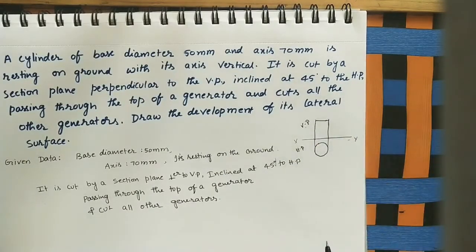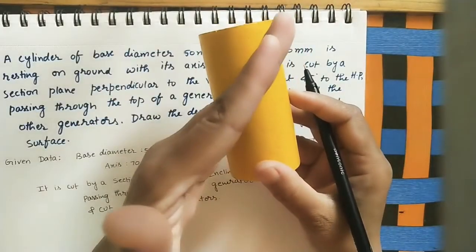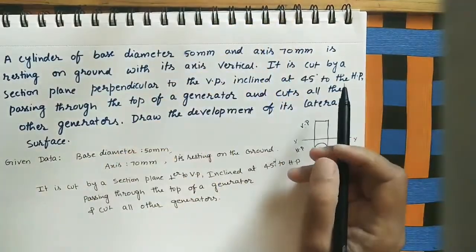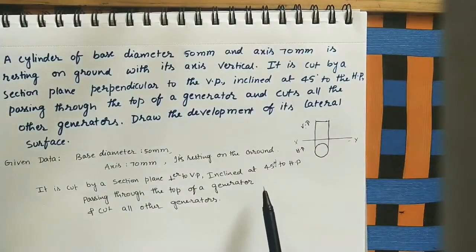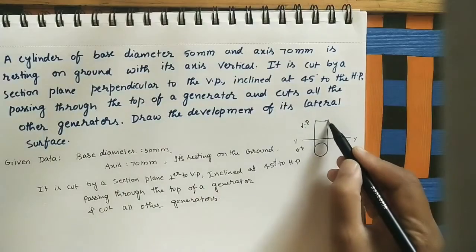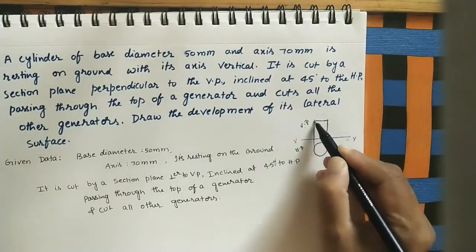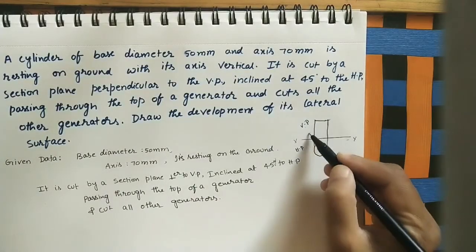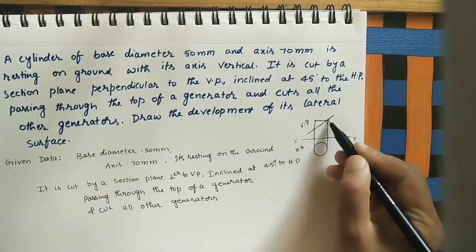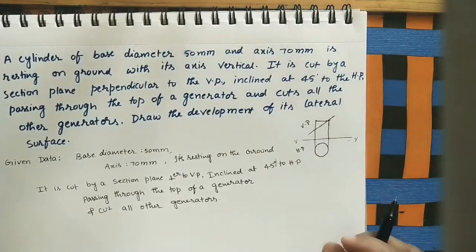That plane is making 45 degrees angle to the horizontal plane, and this plane is passing through the top of the generator. Top of the generator means this is one top of the generator, this is another top of the generator. This plane is tilting 45 degrees as well as passing through the top of the generator.